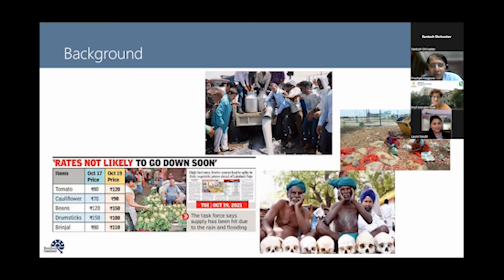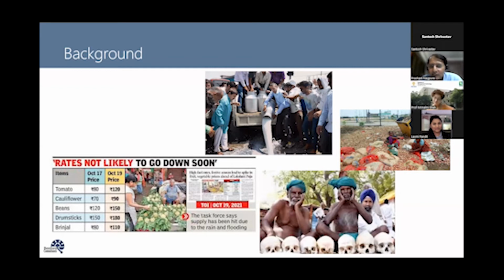Some of these pictures are self-explanatory. On the left there is a clipping from the newspaper which talks about rising prices. On the right-hand side, there is a wastage of milk, potatoes and onions because of overproduction. And the third picture is very, very sad. There are farmers protesting because of multiple issues.